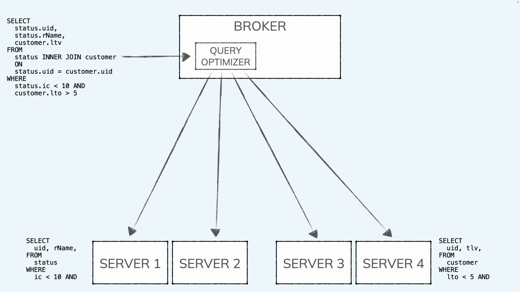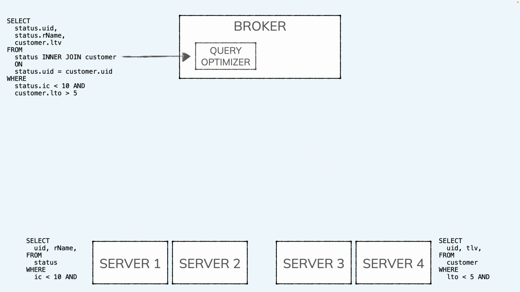So those need to get shuffled, because what needs to happen next is I need to see all of the order status results that survived the filter and all of the customer results that survived its filter with common join keys. So that's the UID field you see in the query on the upper left. All of them that have the same value of UID need to be in the same place. And right now, there's no reason to believe that they would be.